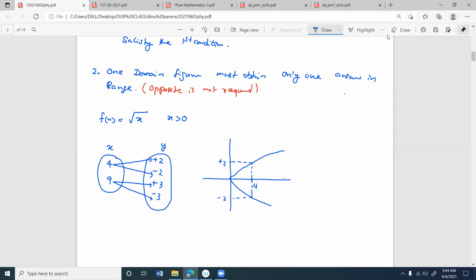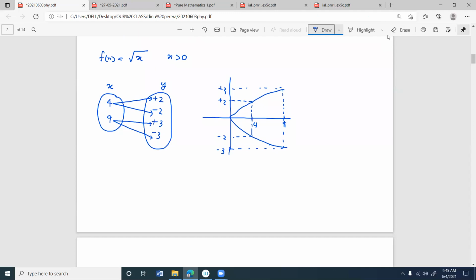If I get 9, it's plus 3 and minus 3. This is not possible. You cannot say it like this. So this is not a function.